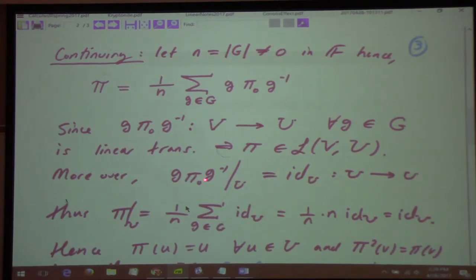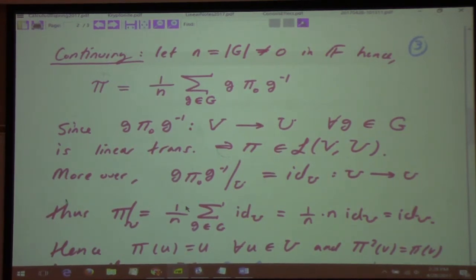On the other hand, we've also argued that the restriction of the conjugate map on U is just the identity on U. This sends U back to U again. So that means that pi restricted to U is, well, the restriction of a sum is the sum of the restrictions, by the way. But that's just the same map added together n times, which is just n times the map. n over n cancels.